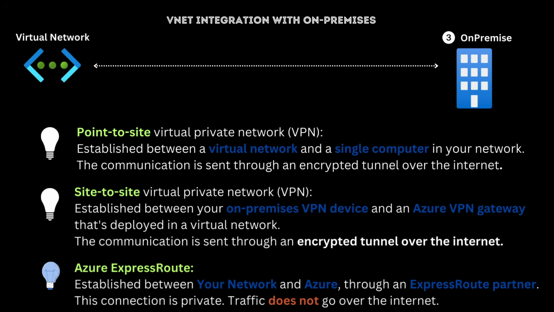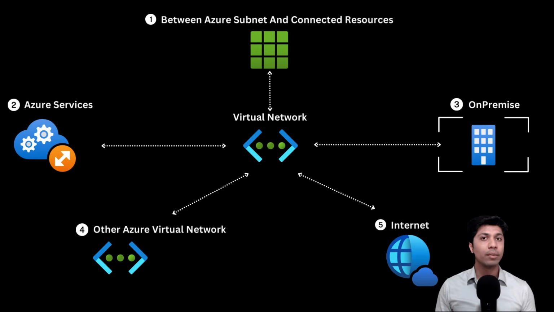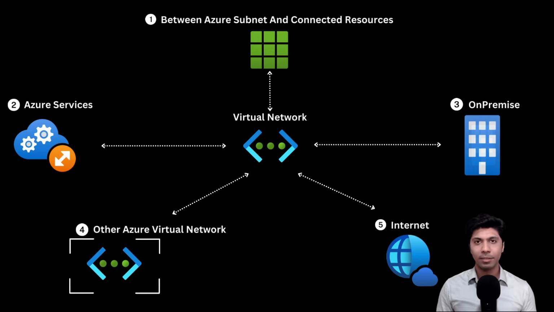Traffic does not go over the internet, whereas in point-to-site and site-to-site, it is over the internet through an encrypted tunnel. So now we know three different ways to connect to on-prem. Let's now move to another interesting way of communication: VNet to VNet.